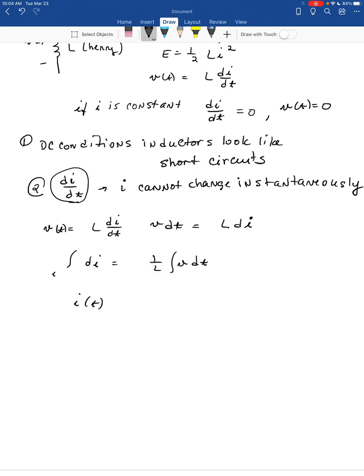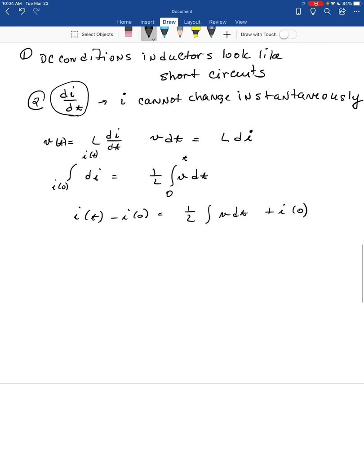So I get I of t, so I'm going from I at 0 to I at t, and here I'm going from time 0 to time t. Then I get I of t minus I at 0 is 1 over L integral of V dt. So I at t is 1 over L integral V dt plus I at 0.